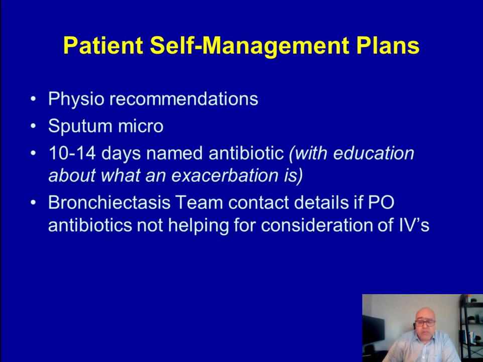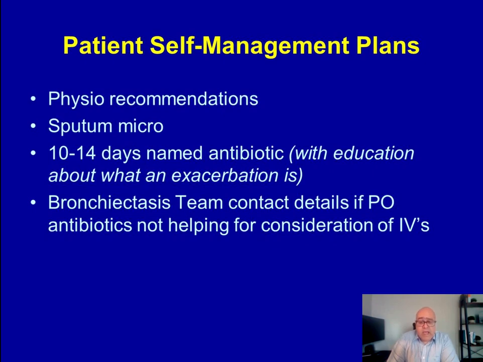So it is important that all patients have self-management plans, and clearly, physio recommendations are going to be paramount with respect to that. We'll be guided by the sputum microbiology in terms of what antibiotics we recommend as first-line treatment for infective exacerbations, and it's important to state that as per BTS guidelines, we should be using 10 to 14 days of antibiotics, and that's important that the patient knows that as well as our primary care colleagues.